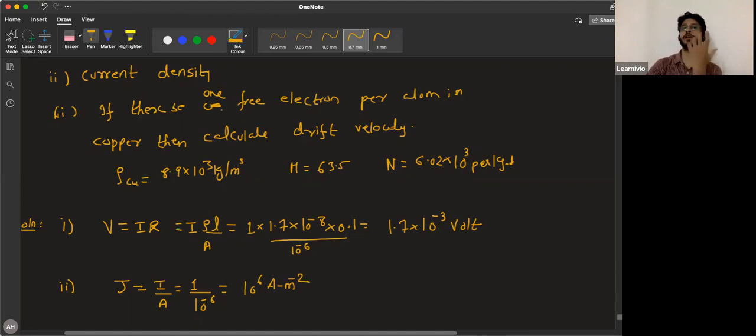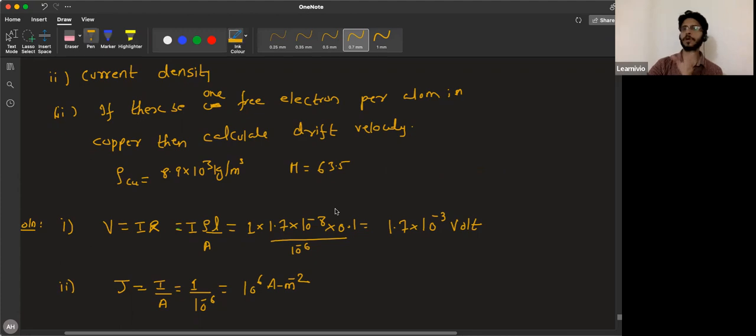Now, you're supposed to calculate the number of copper atoms in 1 meter cube of copper. This is again the mole concept. But just to help you, he has given you this thing, that n is 6.02 into 10 raised to the power. You won't use this data.